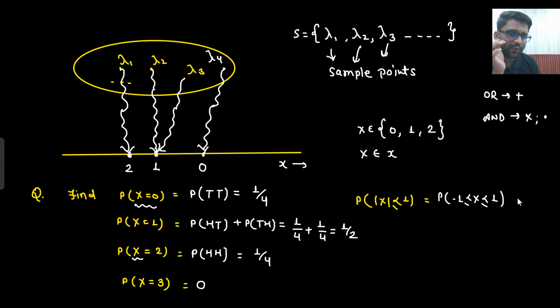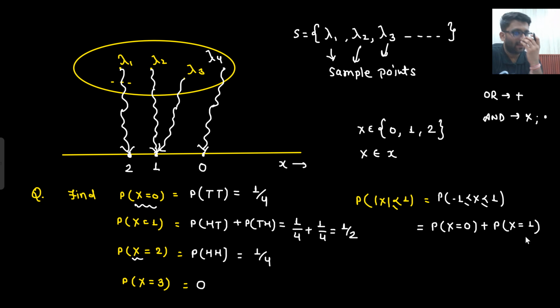That means you need to find the condition for all the values of x lying between minus 1 to 1. But you know one thing, that x can take value 0, 1 and 2 only. That means what do I need to find? I need to find x equals to 0 or x equals to 1.